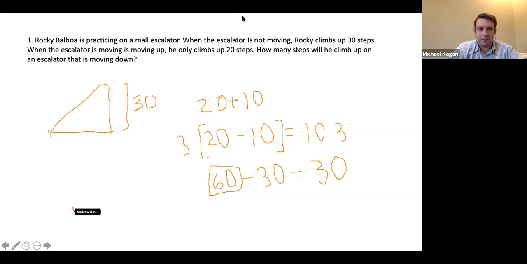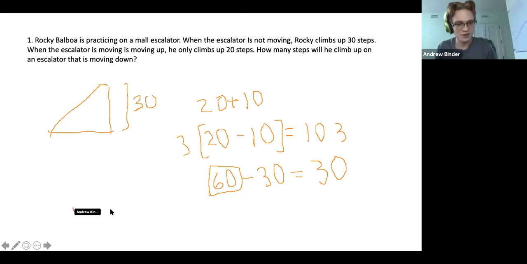Here we go. So basically, he would be taking 1 step and then a second step, and then it would be bringing him up to step 3 with the escalator on. If the escalator is off, he's taking 1 step, he goes up 1 step, and then he goes up a second step, and then the escalator brings him down to this same step where he started originally.